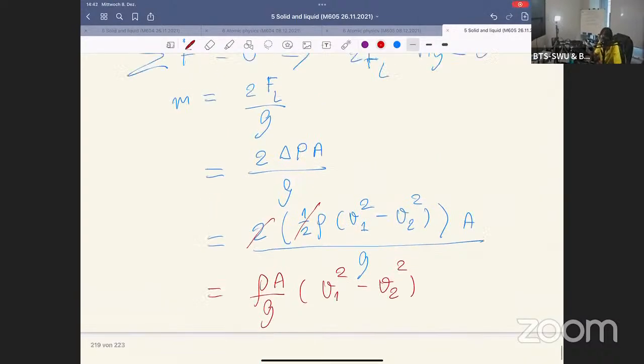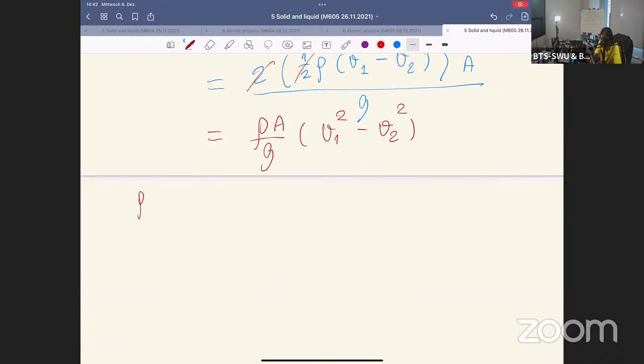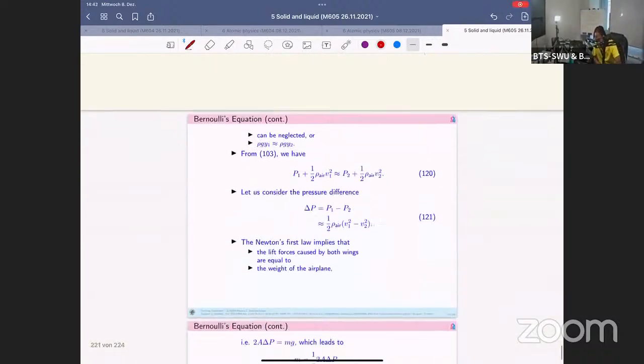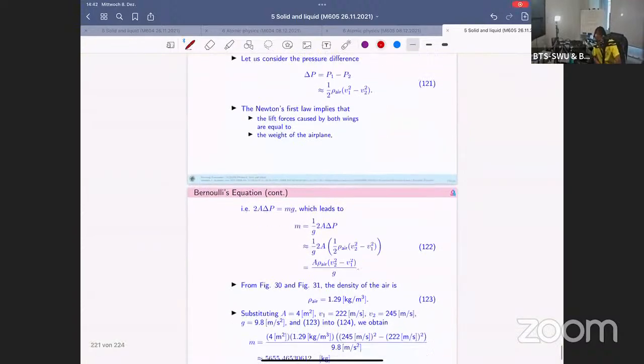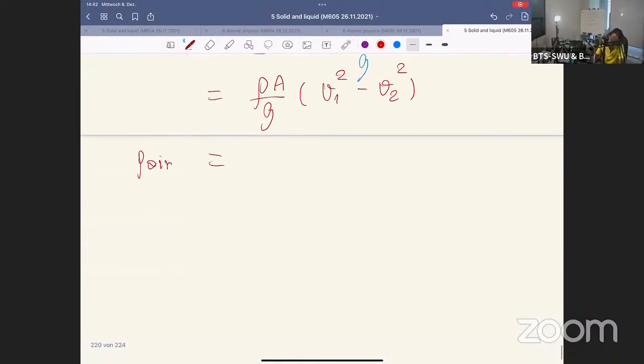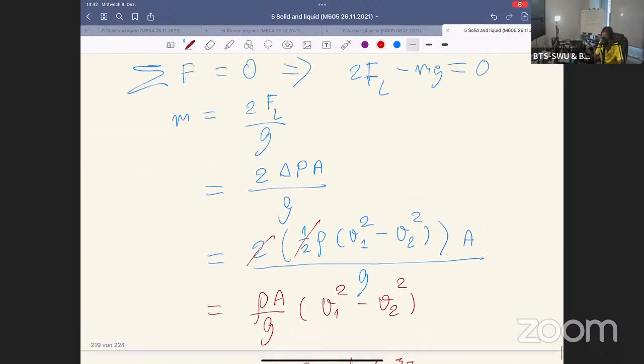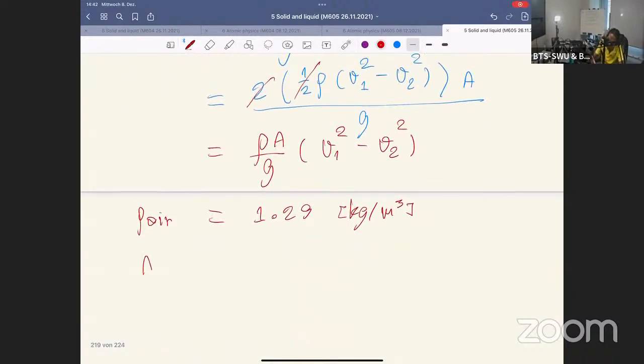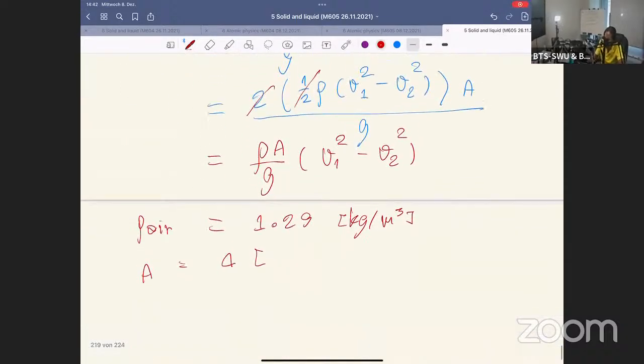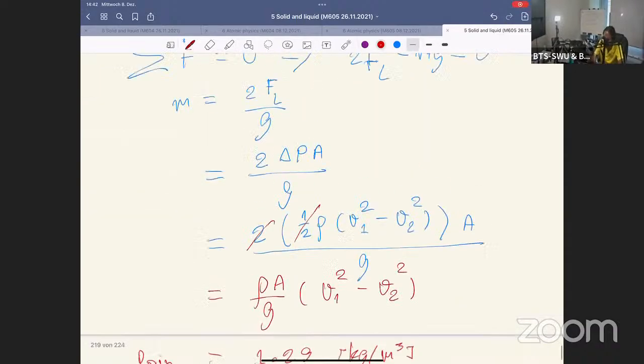If we go further, what is the fluid? Rho air, the density of the air. Density of the air is 1.29 kilogram per cubic meter. And what else? Cross-sectional area is 4 square meter, if I can remember properly.